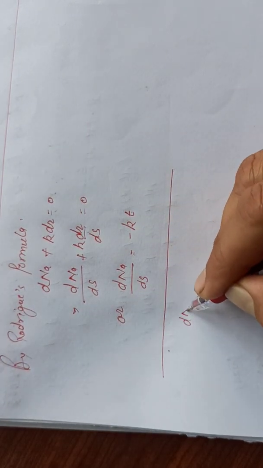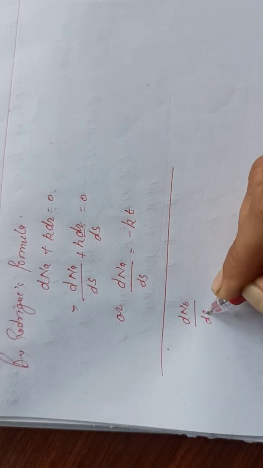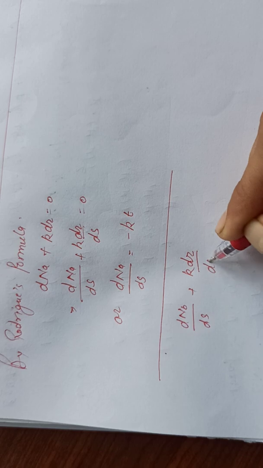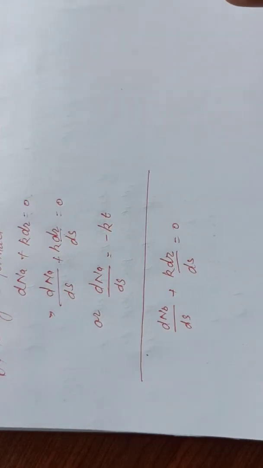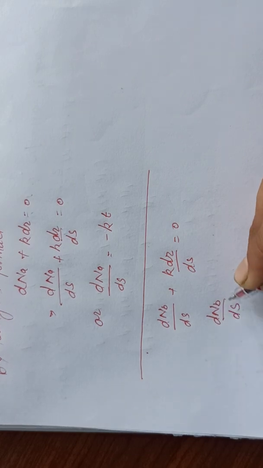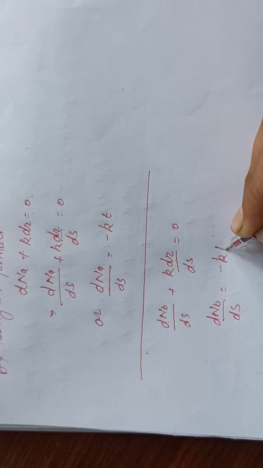That means dNB by ds plus k dr by ds is equal to 0, or simply dNB by ds will be equal to minus kt.